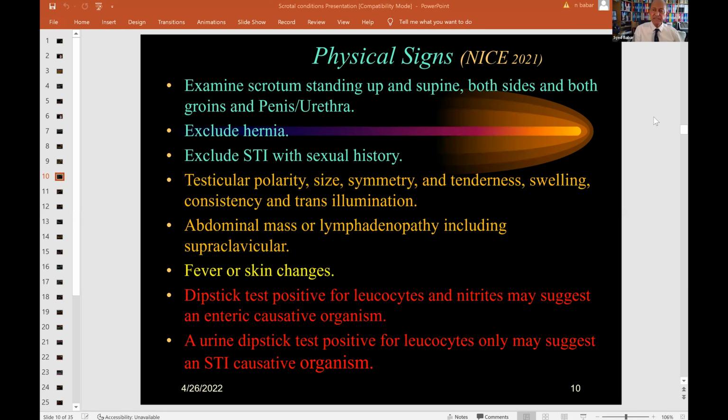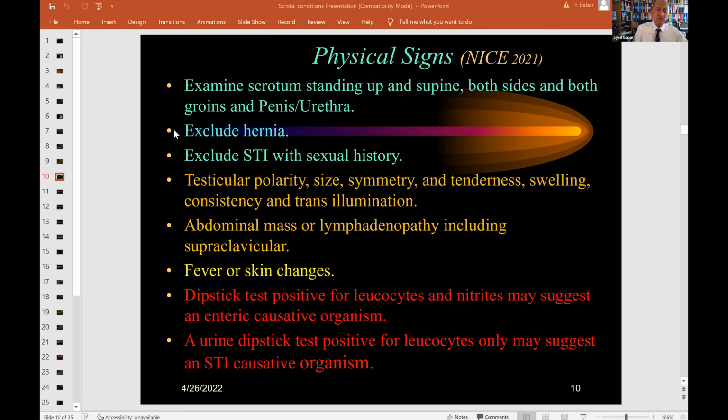So what would be the physical signs of epididymoorchitis? You would need to examine the scrotum on a patient who is standing up and lying supine, and you would need to assess the right side and the left side and both groins, as well as the penis and urethra, for telltale signs of infection and inflammation.